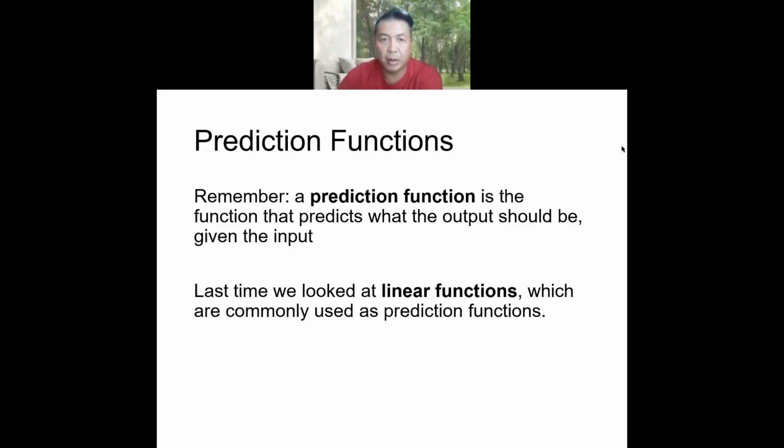A prediction function is used to predict what the output should be for a given input. So we will train the neural network. In this session, we are looking at a specific type of neural network, which is the perceptron.